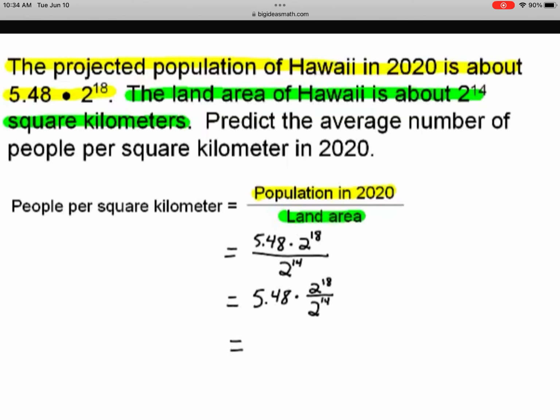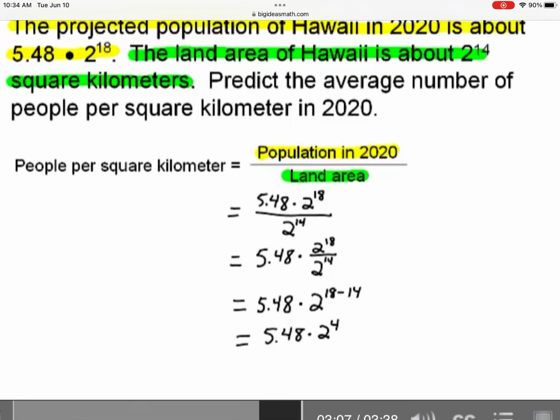So we have 5 48/100 times 2 to the 18 minus 14 because we subtract the exponents. This is equal to 5 48/100 times, 18 minus 14 is equal to 4, so we have 2 to the 4th.